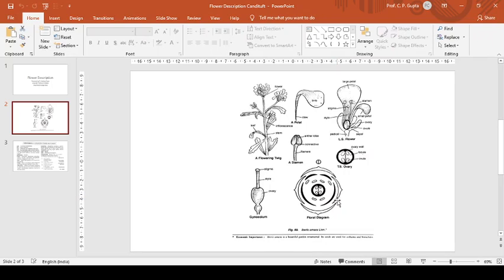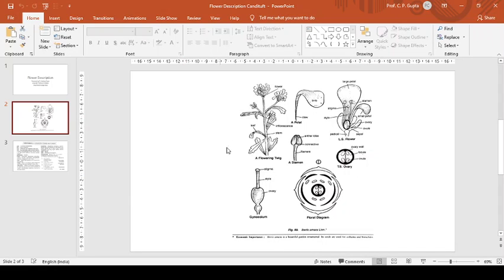So this is the description of Iberis amara or candytuft. Iberis amara is a beautiful garden ornamental plant. Its seeds are used for asthma and bronchitis. This is the economic importance of this plant.